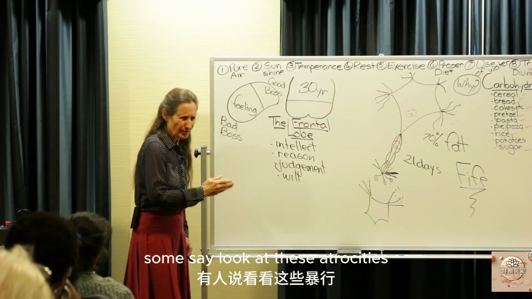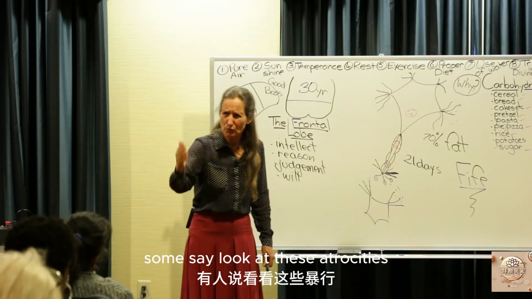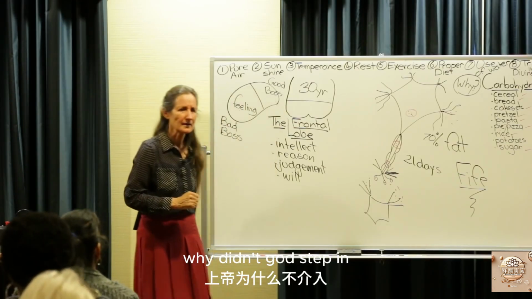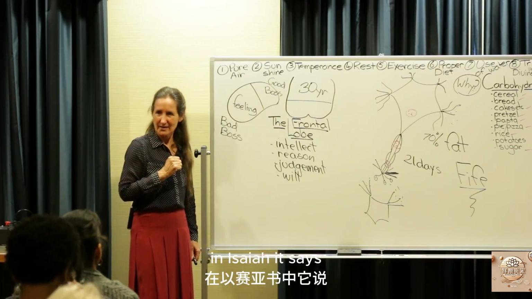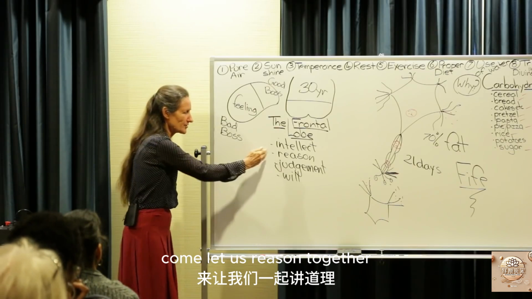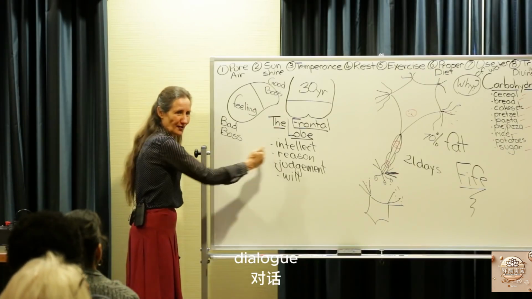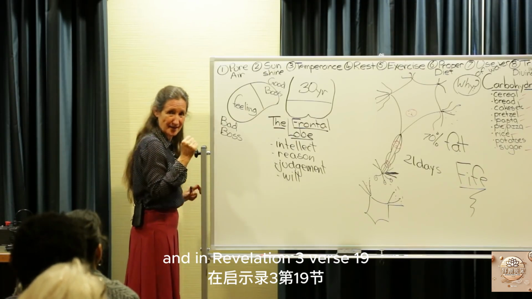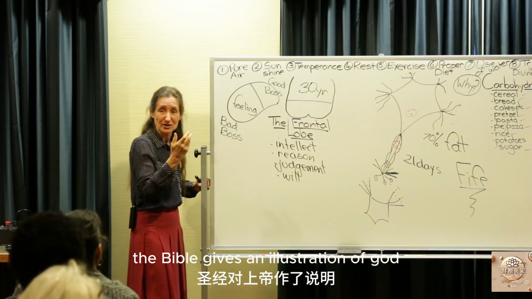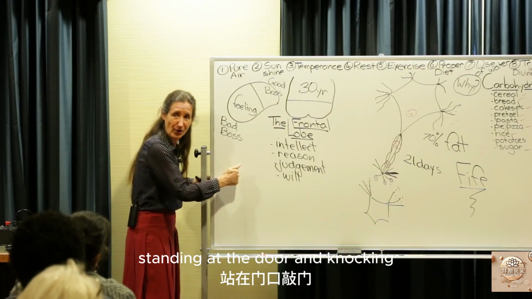Some say, look at these atrocities. Why didn't God step in? Because God is not a God of force. In Isaiah, it says, "Come, let us reason together." Dialogue. And in Revelation 3 verse 19, the Bible gives an illustration of God standing at the door and knocking.